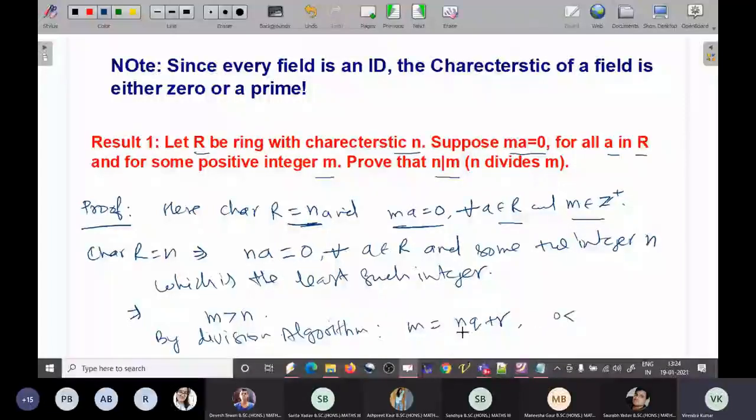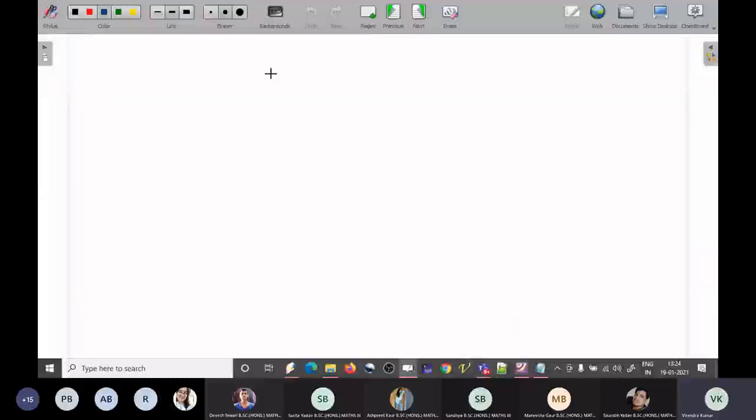Now here, if we can prove that r has to be 0, then the matter is settled. It means n will be dividing m. So we need to prove basically that r has to be 0. Let us make this a claim.